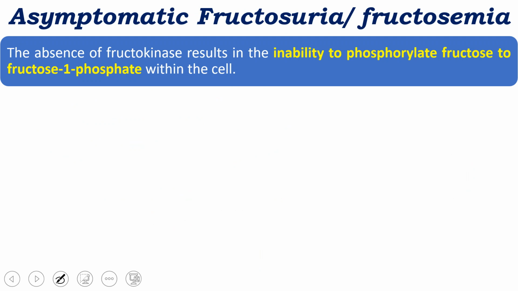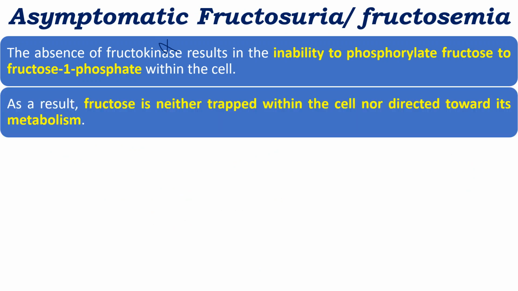In this case, as we are having a defect of fructokinase enzyme, the first step, that is fructose, will not be phosphorylated. Means fructose will be in the form of fructose only. So no phosphorylation, and unphosphorylated fructose is not trapped. So this unphosphorylated fructose can exit the cells.